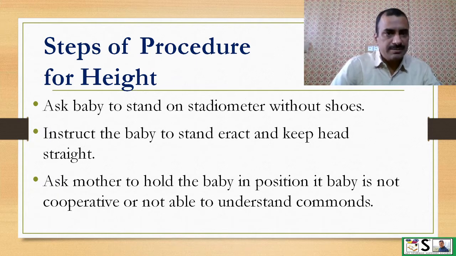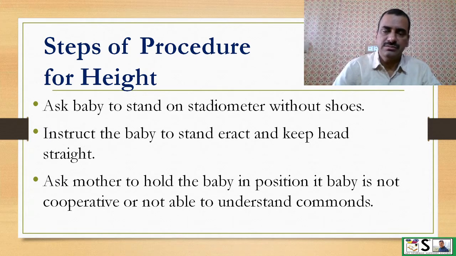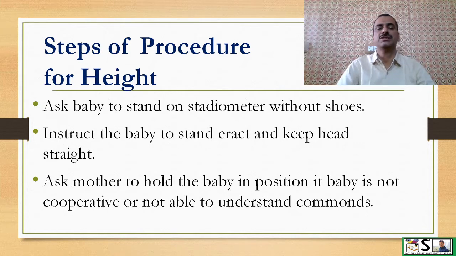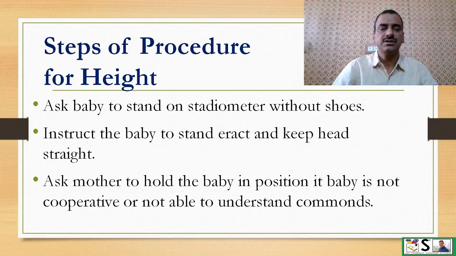Now we come to the steps of procedure for height. Here, the toddler who can understand commands, we ask the baby to stand on the stadiometer without shoes. Instruct the baby to stand erect and keep the head straight. And we ask the mother to hold the baby in position if the baby is not cooperative and not able to understand the commands.